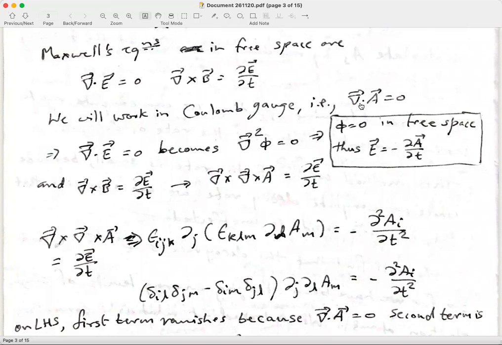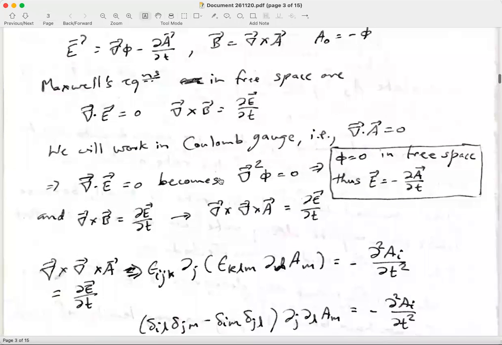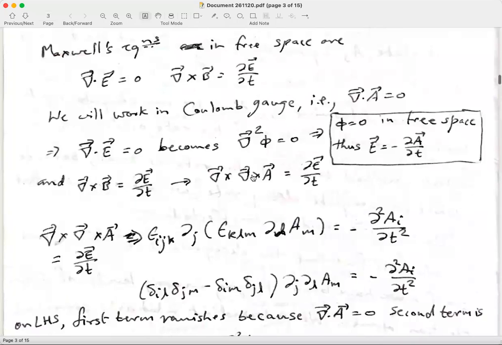This is the gauge that we have been using right from the beginning. If you use the Coulomb gauge, then del dot E equals 0 would tell you that this term would just drop out and the Laplacian acting on phi would be equal to 0. Now, since we are in free space, there are no charged particles in the space. There is no Coulomb potential, and as a result, this Laplacian acting on phi equal to 0 is solved by phi itself being 0.